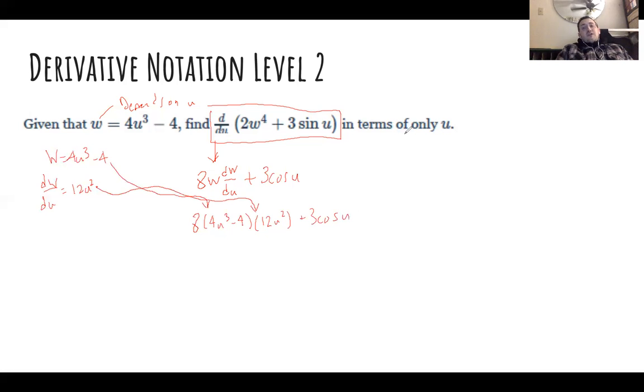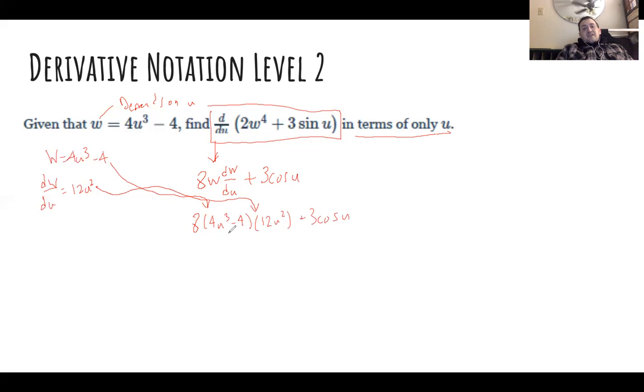And our goal is that we only want this in terms of u. So you may want to pause here and ask yourself, okay, how did I get from this step to this step? If you take a moment and think about that, you will get this implicit idea very, very well.